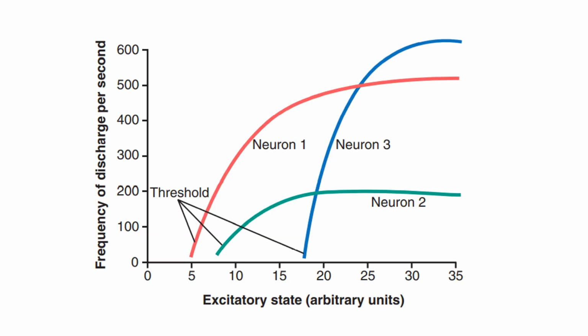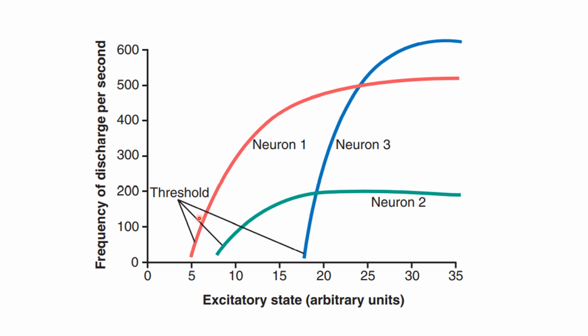This graph shows that neurons not only differ in their excitatory state or the threshold at which they start to fire an action potential, they also differ in the frequency of discharge of the action potential.